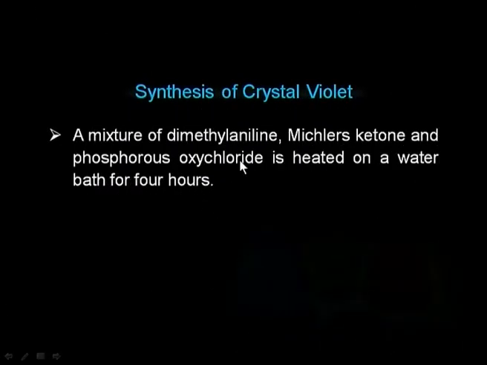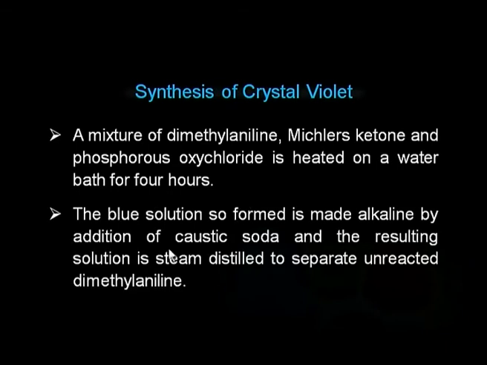A mixture of dimethyl aniline and Michler's ketone and phosphorus oxychloride is then heated on a water bath for 4 hours. The blue solution so formed is made alkaline by the addition of caustic soda, and the resulting solution is then steam distilled to separate the unreacted dimethyl aniline.